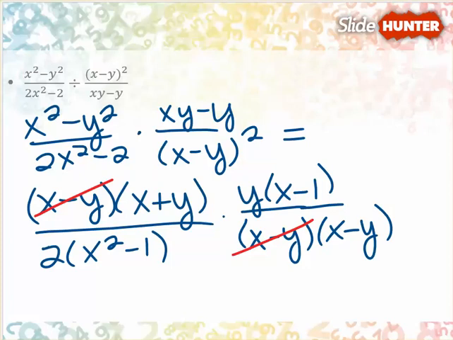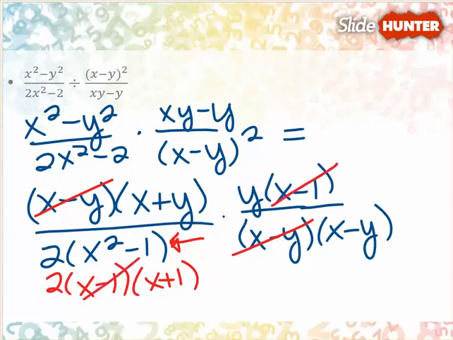Oh, I notice, actually down here, I could have factored this further. I'm going to rewrite this x squared minus 1. I can actually factor that. Again, that is a difference of two squares. So this I could write as still 2 times x minus 1 times x plus 1. When I do that, that was nice because then I have an x minus 1 here and an x minus 1 there.